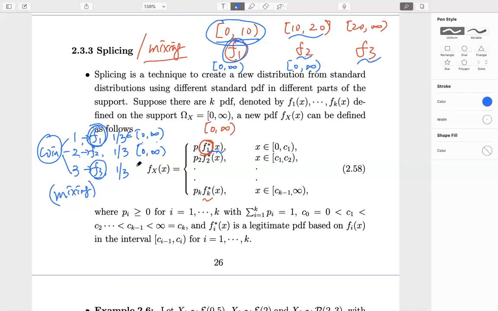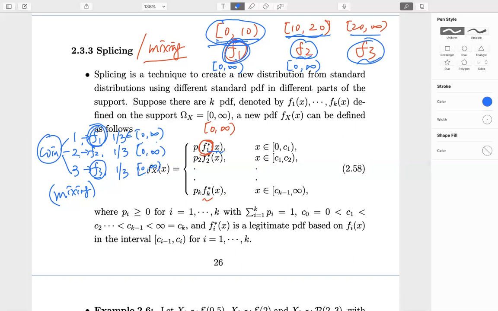The same for F2 and F3. But when we consider splicing, only one part is used from F1, only one part from F2, and only one portion from F3. So it's entirely different.